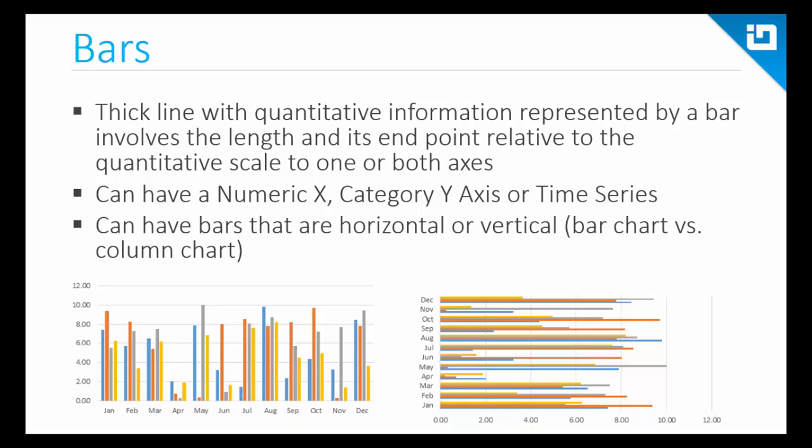On the right-hand side, we've sort of flipped it. So on the y-axis, we have our category, and on the x-axis, it's a numeric value. So here we have some performance of something over months. It's just kind of flipped on its side compared to the column chart on the left.